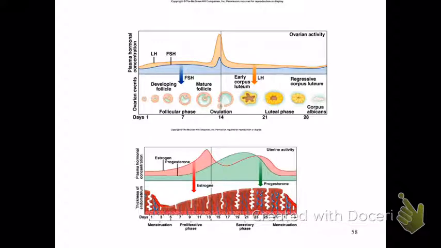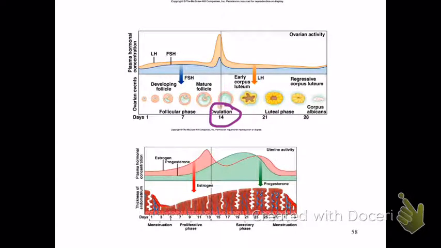Okay, so you'll see here, you see the FSH spike. The LH spike right at ovulation, day 14. That's when the egg drops into the oviduct, the fallopian tube. Remember, fertilization happens there. So that's when the female can get pregnant.